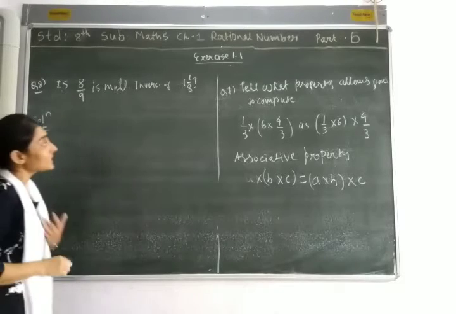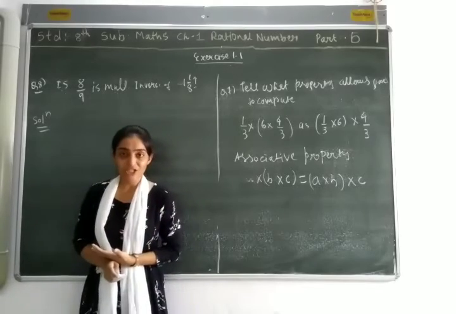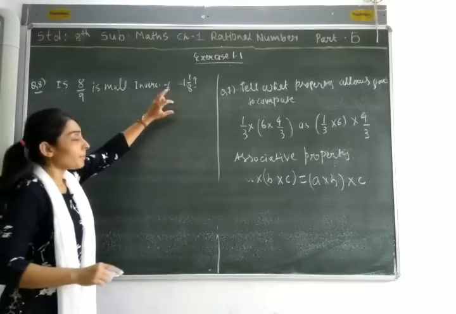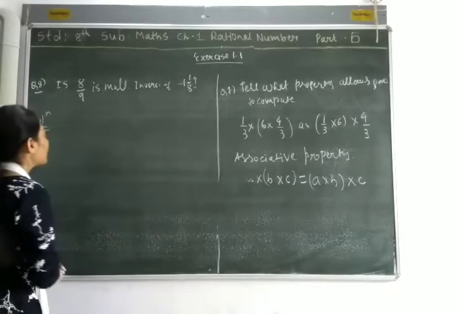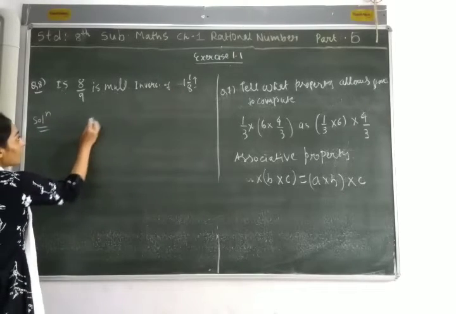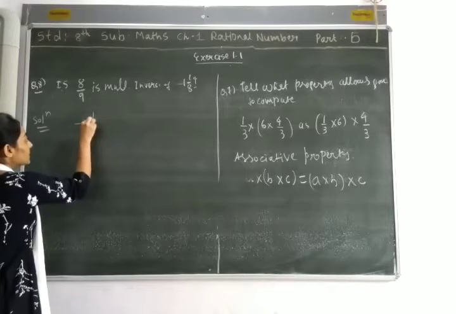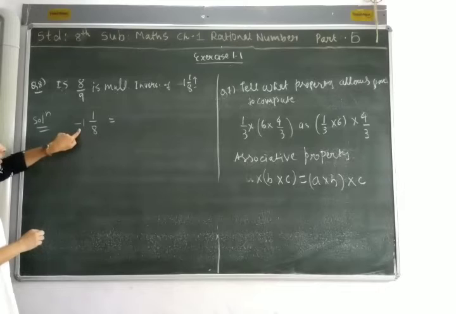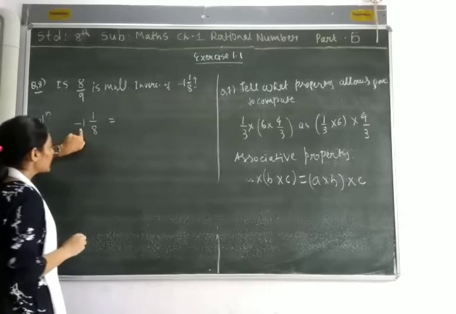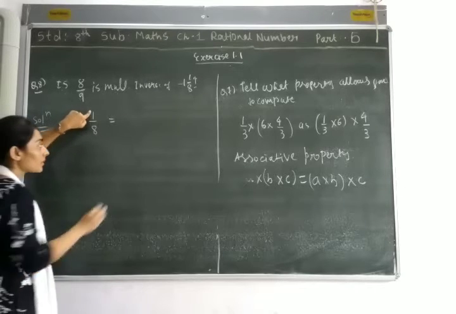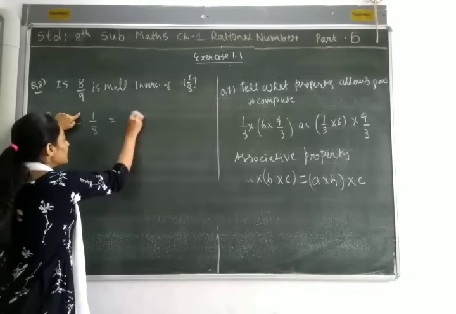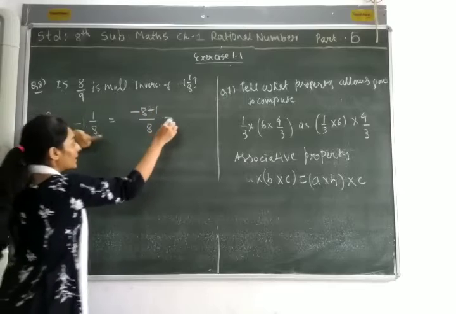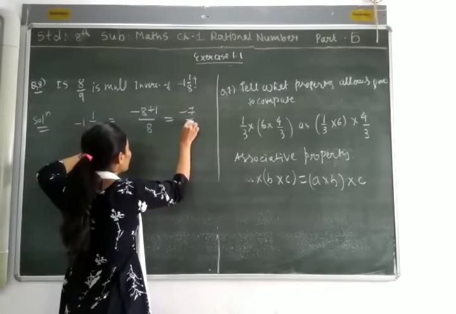If everything is given in mixed fractions, first we write it as a proper fraction. So here my 8 ones are 8, plus 1. So minus (8 plus 1)/8, so I am getting over here minus 7/8.